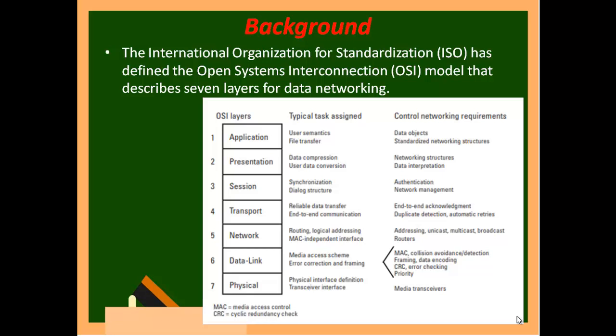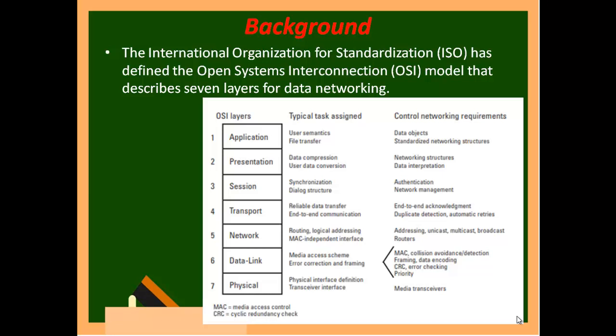For this you use the presentation layer. Take Word and PDF: when the same Word file is converted into PDF, the size reduces. All that is called data compression, which is done in the presentation layer.